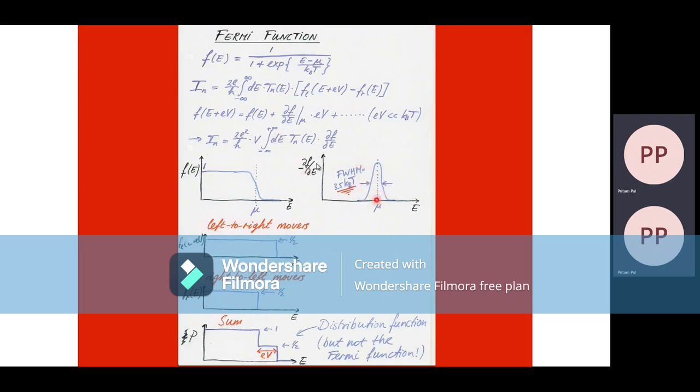So if you take a derivative of this function, you get a peak of about 3.5 kBT centered at the chemical potential, and this width of 3.5 kBT would then be the width of the transition between the even plateaus and the odd plateaus. So between consecutive plateaus, when the temperature becomes large enough, we will not be able to resolve the individual plateaus.